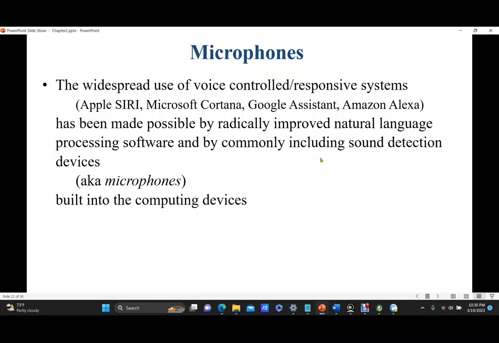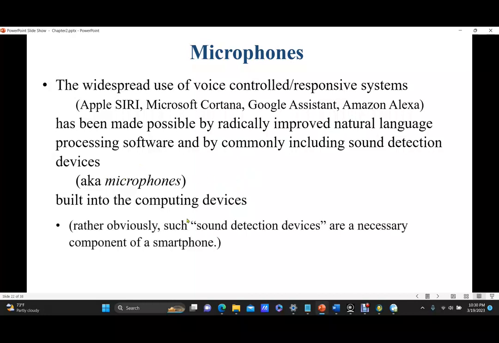And of course, computing devices that make use of these have to have sound detection devices, microphones. Now, of course, if the computing device is a smartphone, it's pretty obvious that it has to have a sound detection device built in.